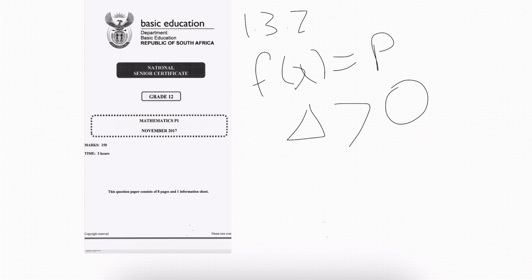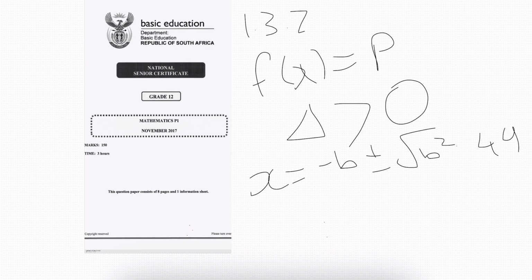What is a discriminant? In the quadratic equation, x equals minus b plus or minus the square root of b squared minus 4ac, all over 2a.